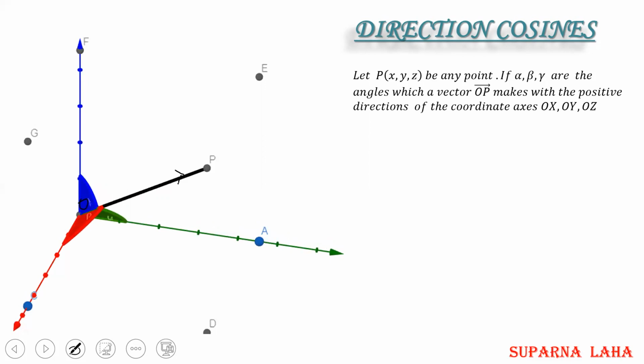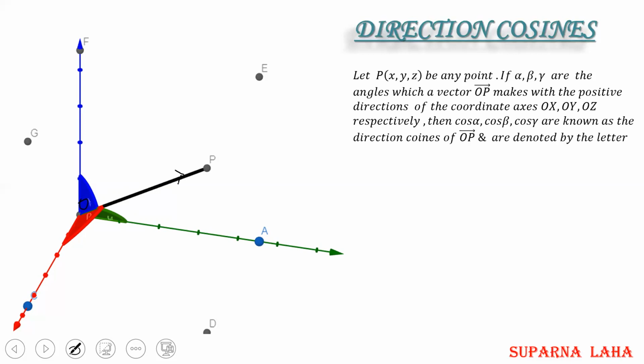Okay, and the cosines of these angles, that is cos alpha, cos beta, and cos gamma, are called the direction cosines of this line or vector OP, and are represented by l, m, n, that is l equals cos alpha, m equals cos beta, n equals cos gamma.